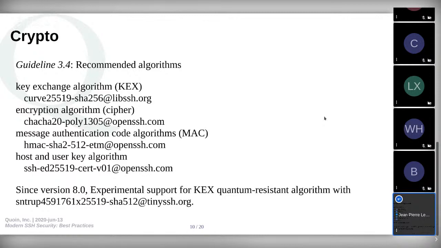So for the key exchange, 25519, as I was mentioning. For the cipher, ChaCha20 is very good. It's very efficient. For the MAC, I recommend SHA-2 with the ETM.